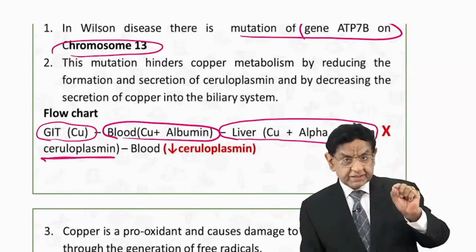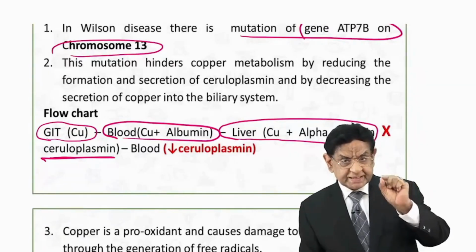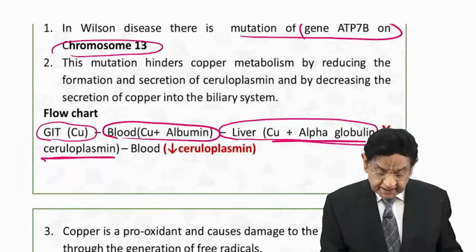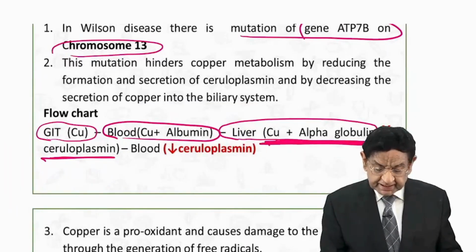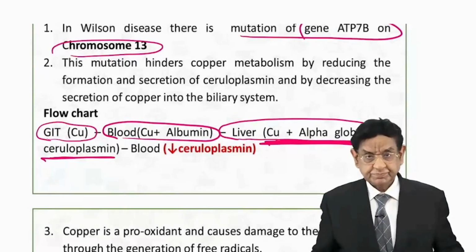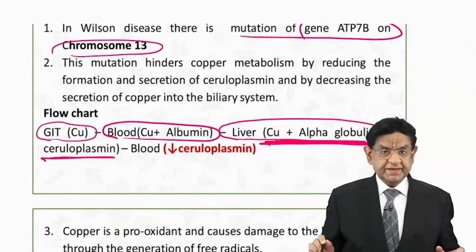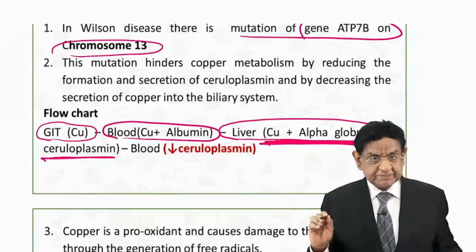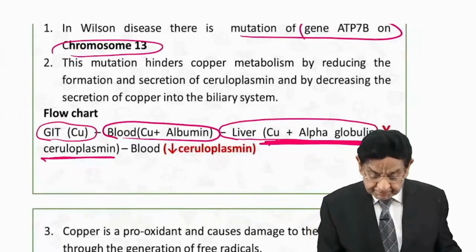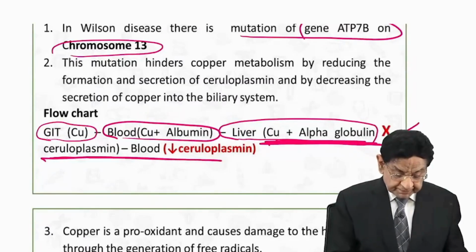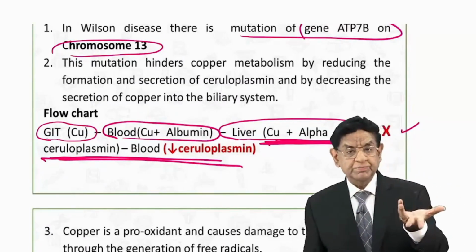So here the problem lies in the biochemistry. This copper combining with alpha globulin in the liver is not happening. So definitely the ceruloplasmin which was normally made in the liver, and goes out into the blood, will not go.